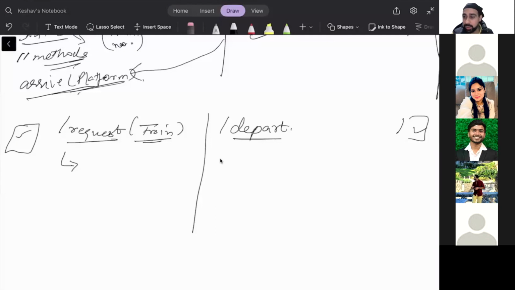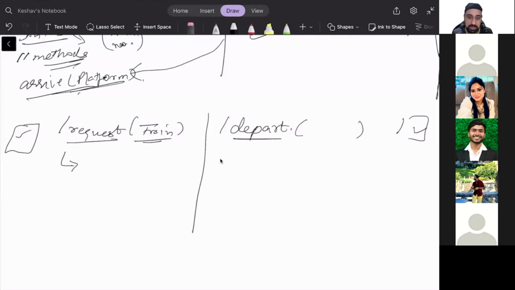Anchal, you said that you only take the request once, and if it's available, you respond. If it's not there, you respond once it's available, whenever the priority or the train's number comes in. And once the train arrives at the platform, it will send back a depart notification once it departs, and then you have to take care of how you would assign that empty platform to the next available train.